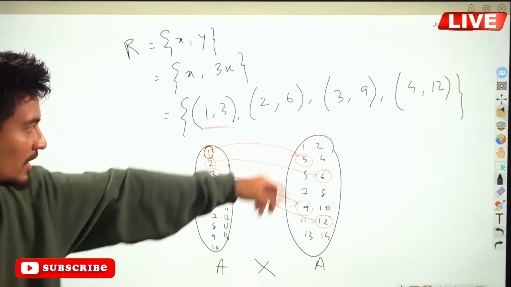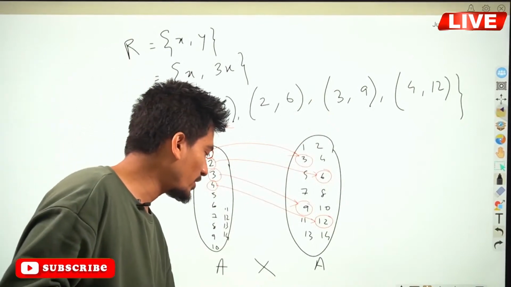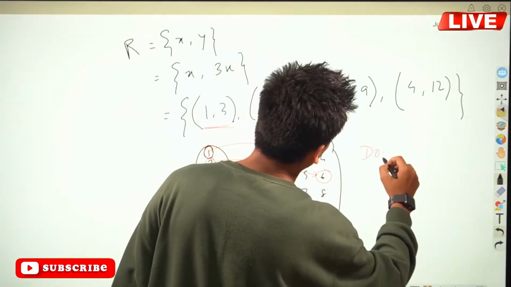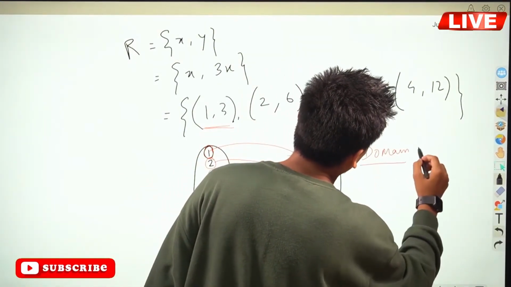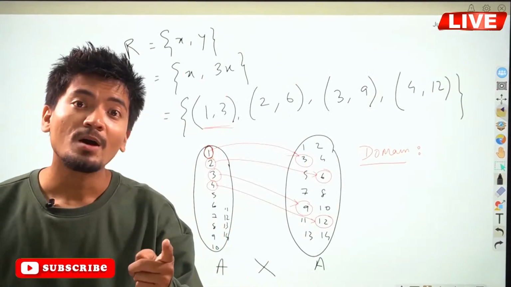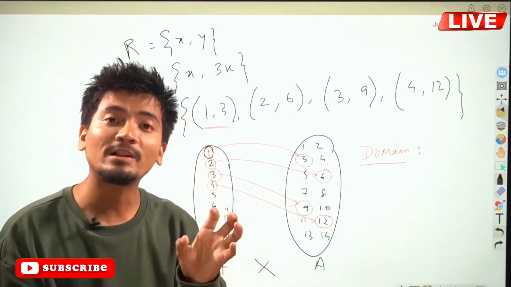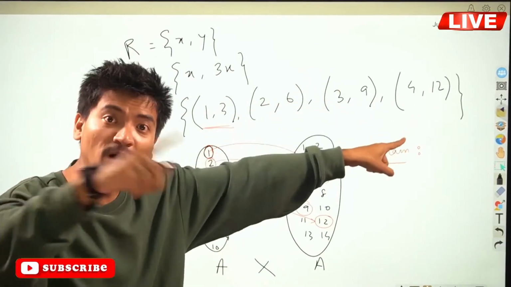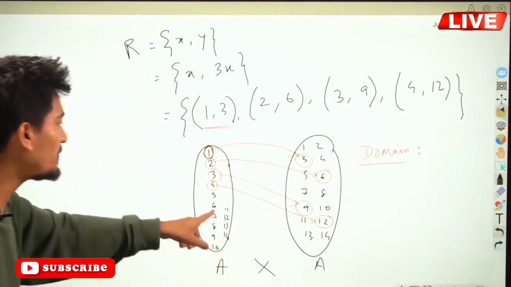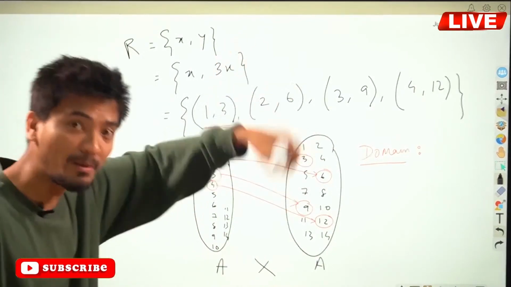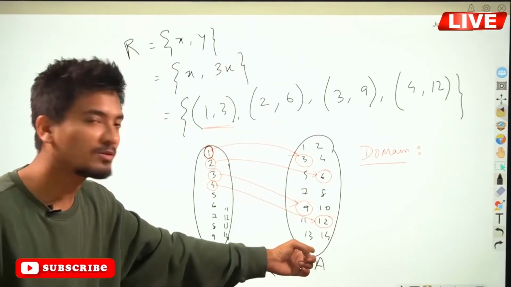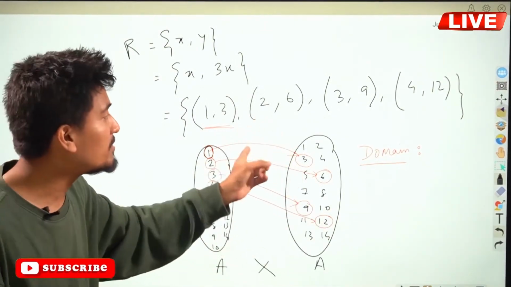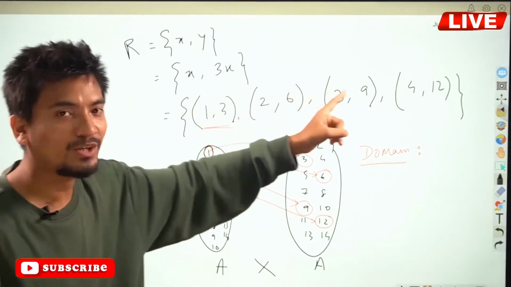Understood? Now see here. Now the important point is, what will be the domain here? Domain means the set of permissible inputs, that is what is only permitted: 1, 2, 3 and 4. Is 5 permitted? No, 5 is not permitted. If 5 would have been permitted, then there should be 15 also here. But there is no 15. So that's why the permissible inputs are only 1, 2, 3 and 4.